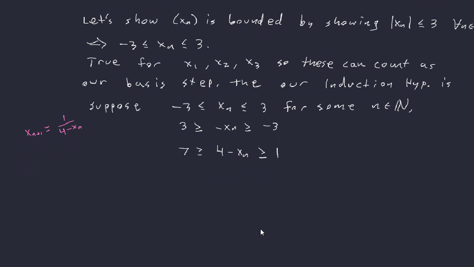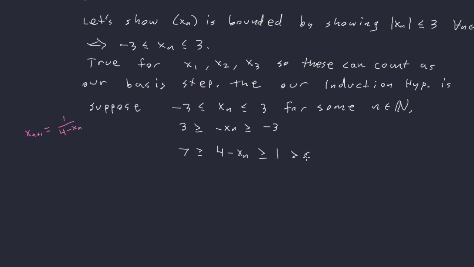Okay. Now, since this is all nice and positive, I can just flip all the fractions over. But when I do that, remember, I have to flip the signs. So I'll get that 1/7 is less than or equal to 1 over 4 minus x sub n, which is less than or equal to 1. And thankfully, 1 is less than 3, and 1/7 is greater than -3.